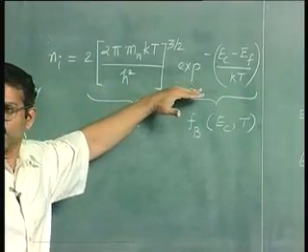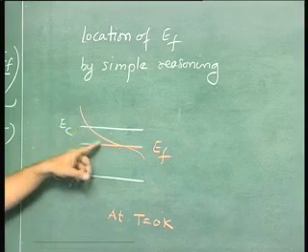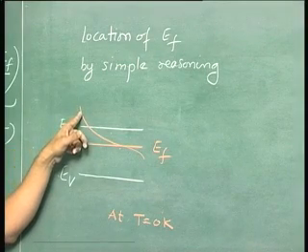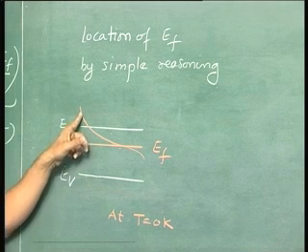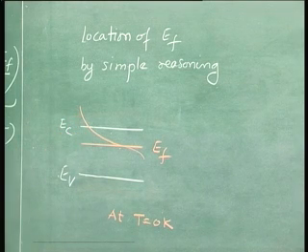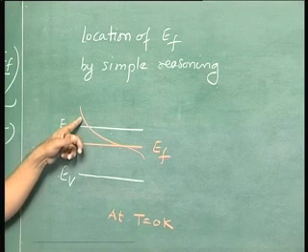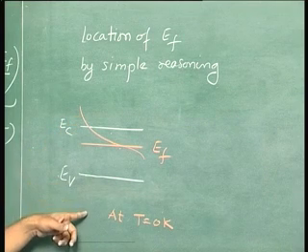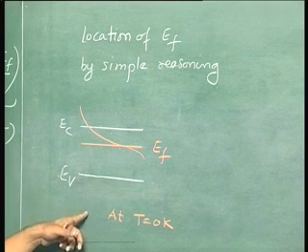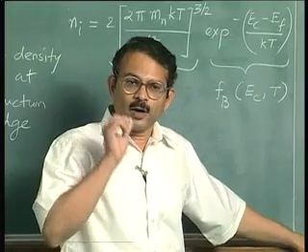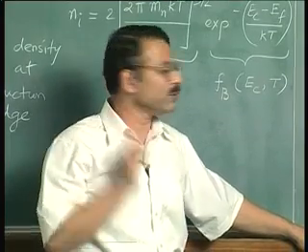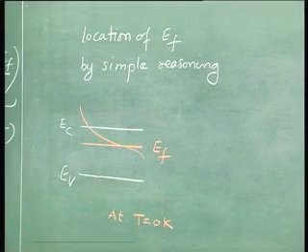This is a formula like this, that is, I will take this fraction, multiply by available states and then integrate and so on. This is what we did. I will get some number of electrons. Now all these electrons have come from the valence band, they have to come from the valence band. So which means the number of unoccupied states in the valence band should be equal to the number of occupied states in the conduction band.